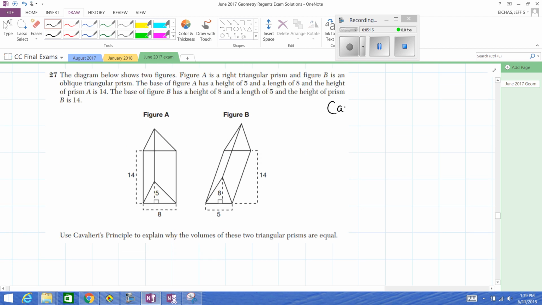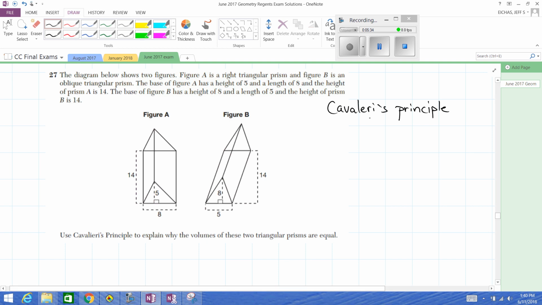Next is Cavalieri's principle. The shortcut is to use that. These two volumes are going to be the same because of it.